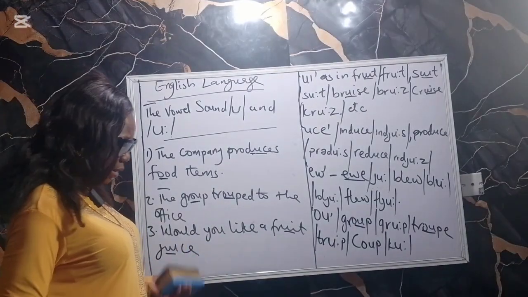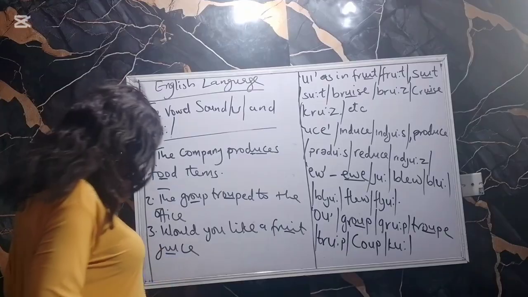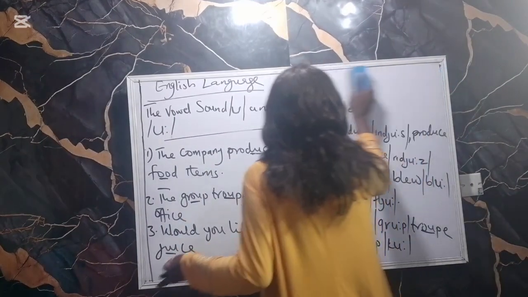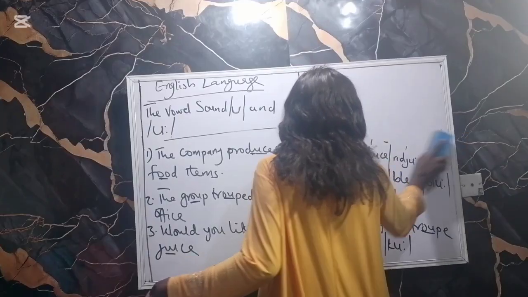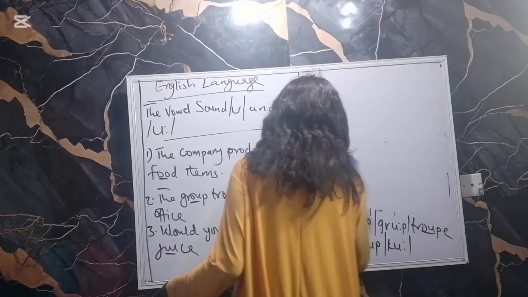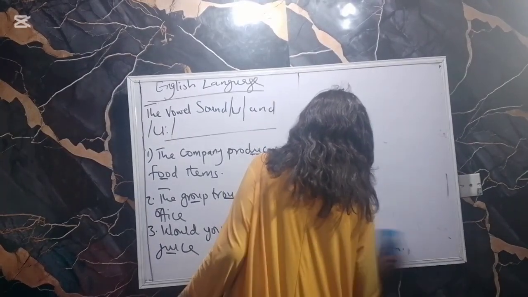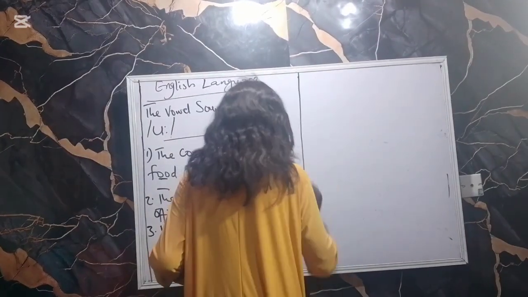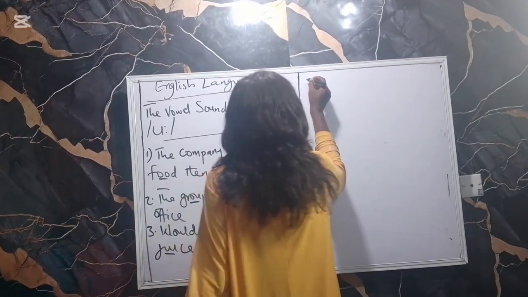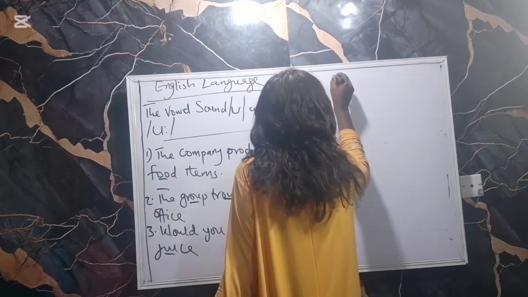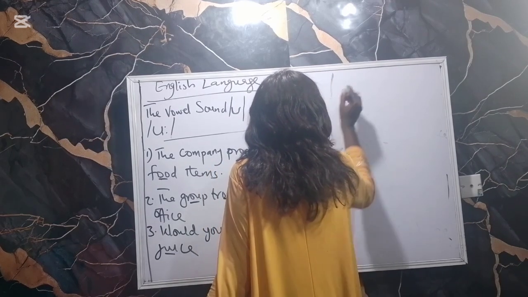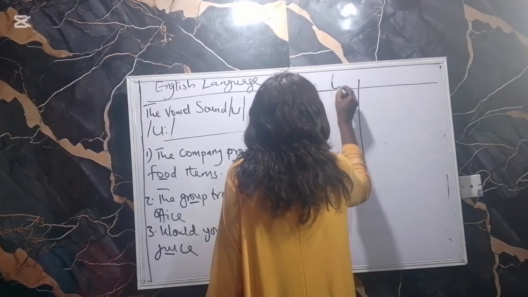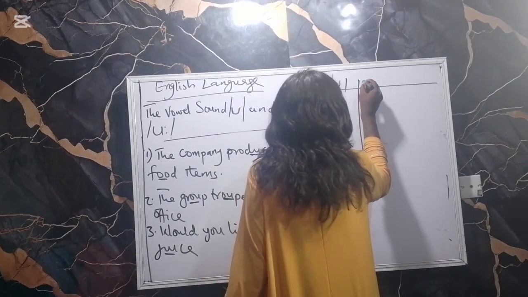Okay. Now let's see if we can contrast the sound, even if it's using two sounds from each one, to help you to see the difference. Okay. Now look at this. You have O here and U here.